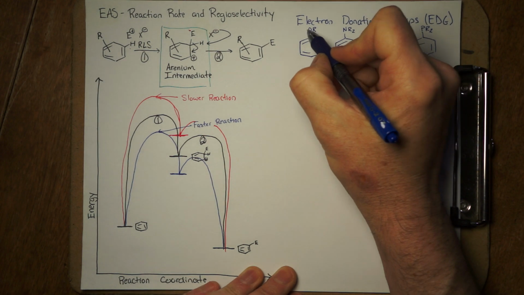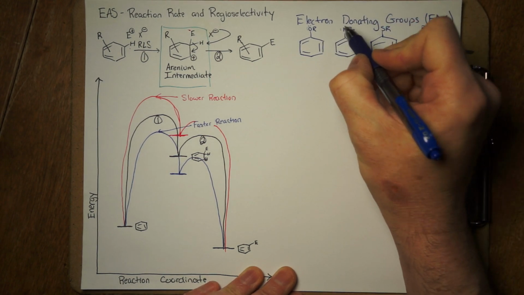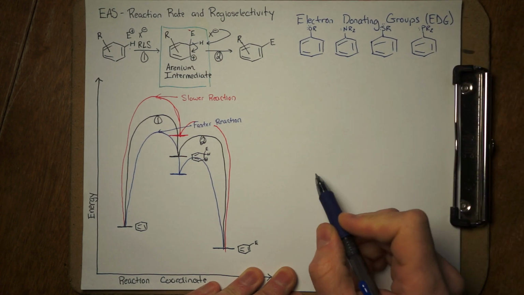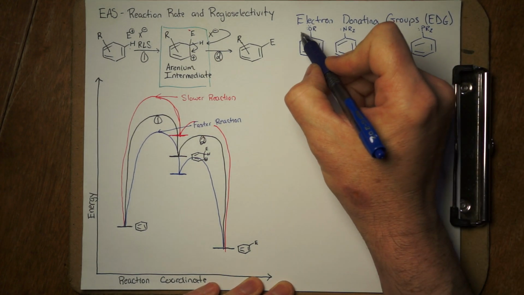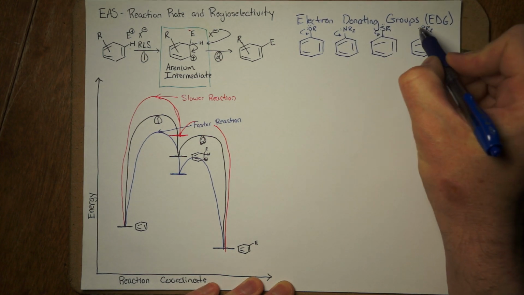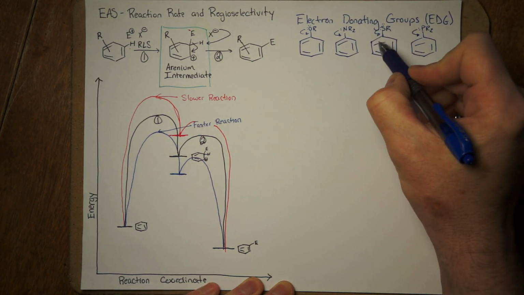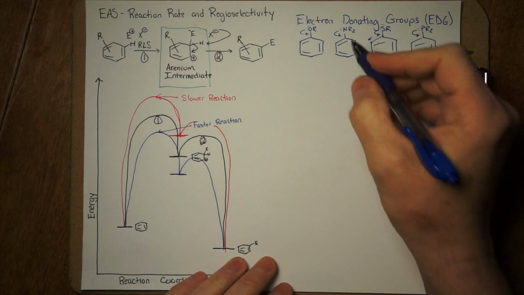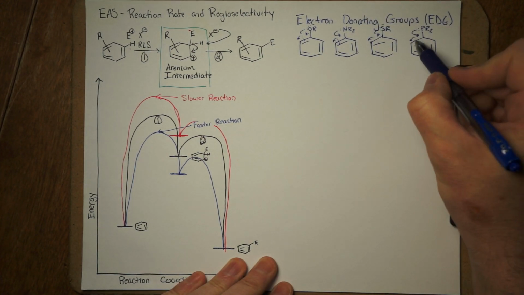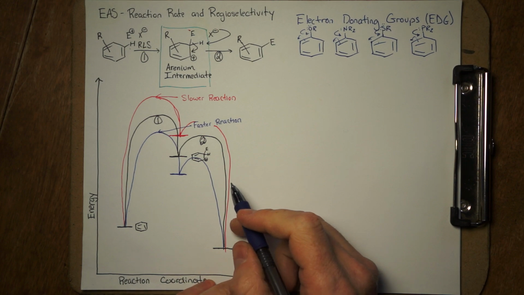You can see all of these are going to have either one or two pairs of electrons, and those electrons can be donated into the benzene ring and participate in resonance. So those electrons are in conjugation with the benzene pi system.